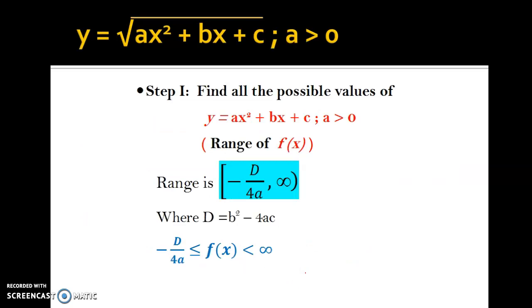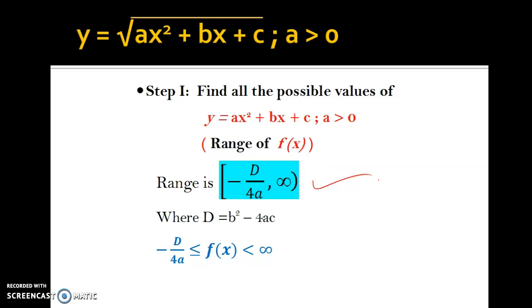For square root of ax square plus bx plus c, when a is greater than 0, again find the range of ax square plus bx plus c. In the previous videos we found that its range is from minus D by 4a to infinity, where D is equal to b square minus 4ac.